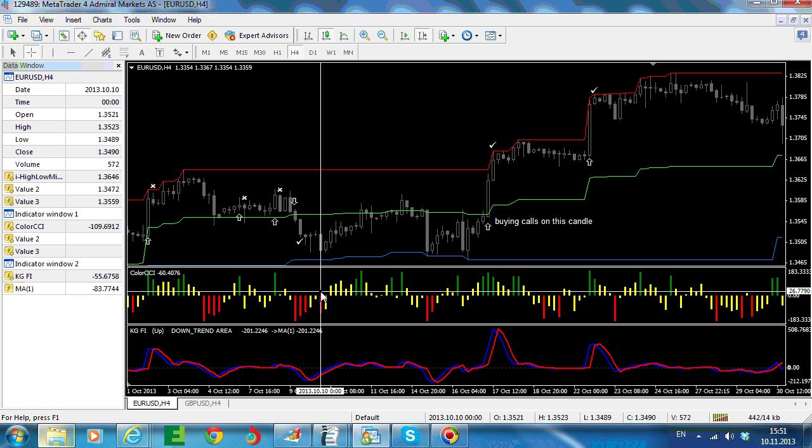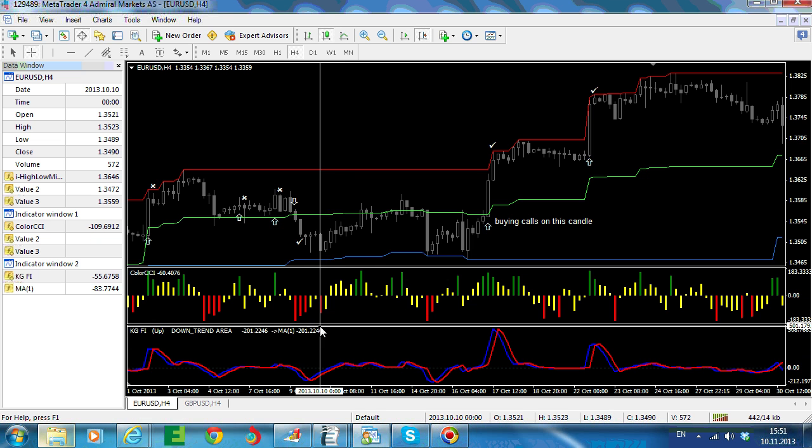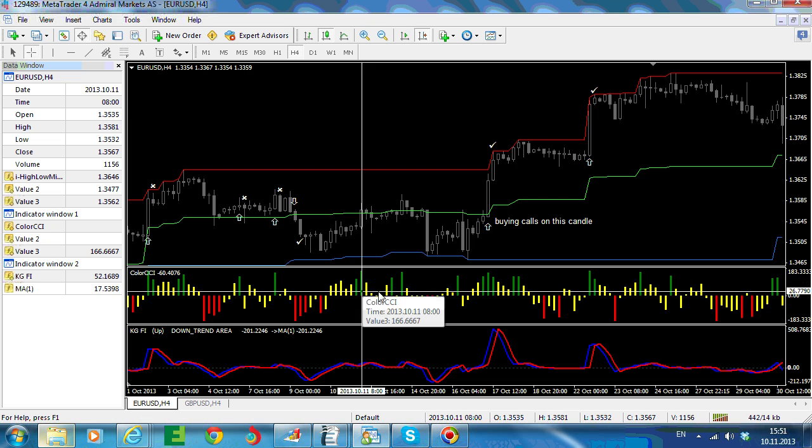Price is below the middle band, and of course we are looking at the KGFI, but the KGFI there, as you can see, is actually negative, but it is above the moving average, and this is a fake signal. Fake signal here, nothing interesting to see here.